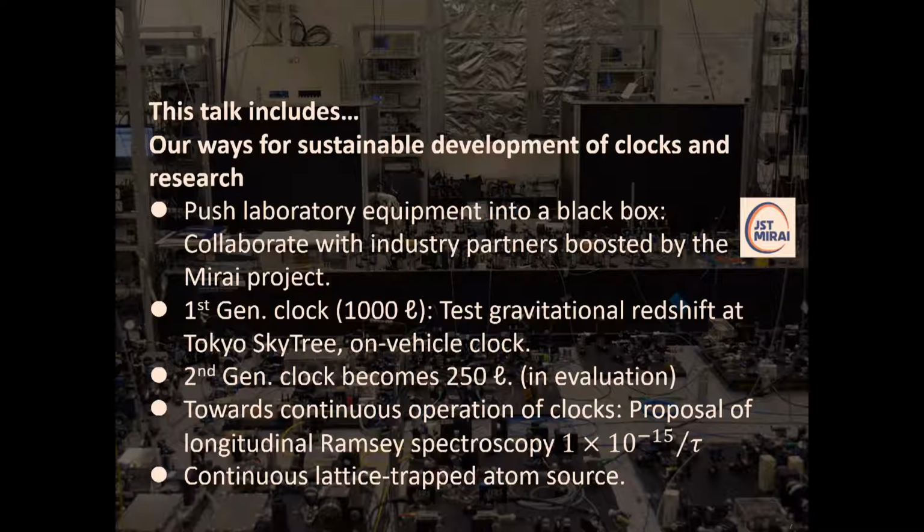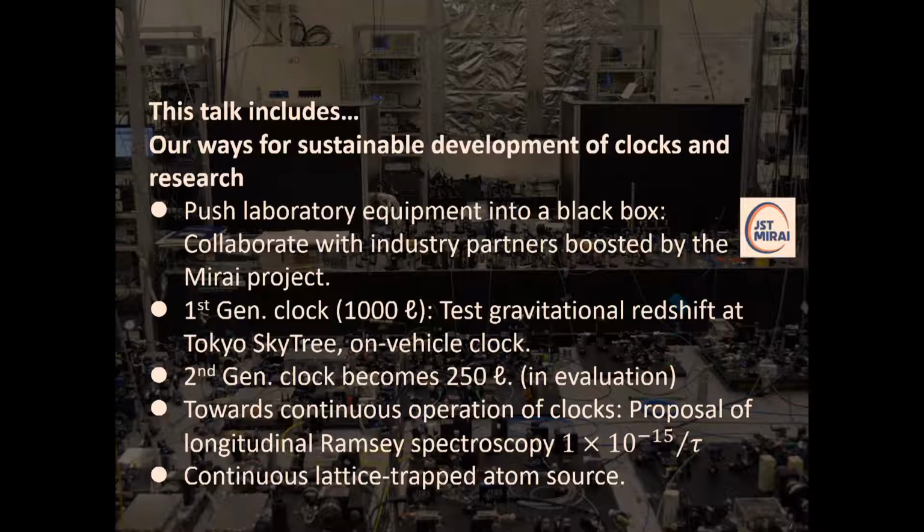Using this clock, we tested the gravitational redshift at Tokyo Skytree. And now we are packing this clock into a van to be transportable. We are also developing a second generation clock, which is much smaller, 250 liters in volume. And it's in evaluation.